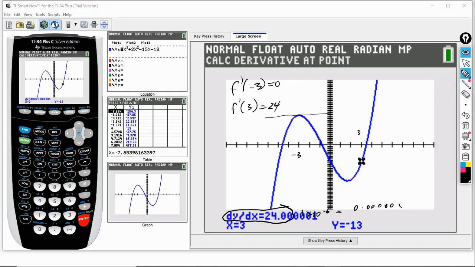So then if you look at the graph, this would be the y coordinate right here. So 3 comma whatever that y is, 3 comma -13. At that point, you have a derivative that equals 24, like we found before. And what that means is that if you draw a tangent to that point, the slope of that line is very steep, as you can see, and it is equal to 24.